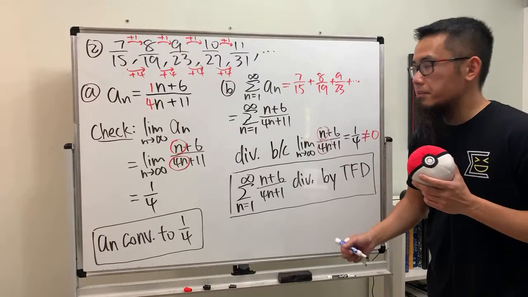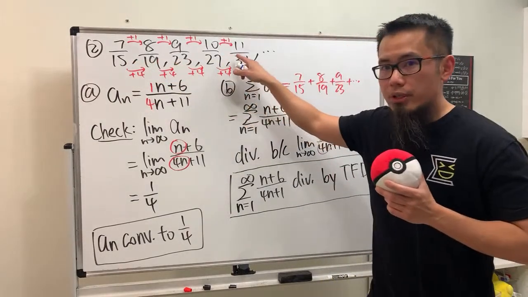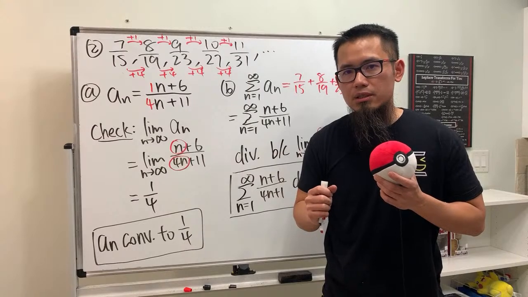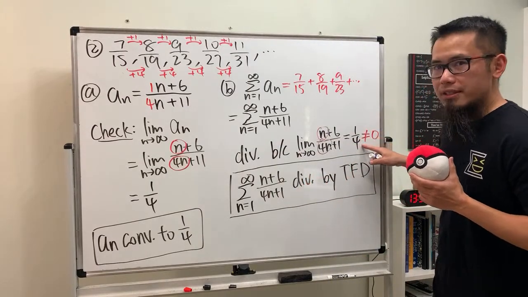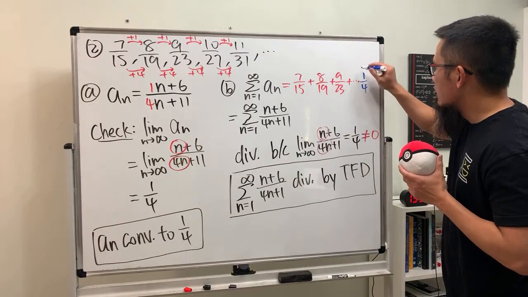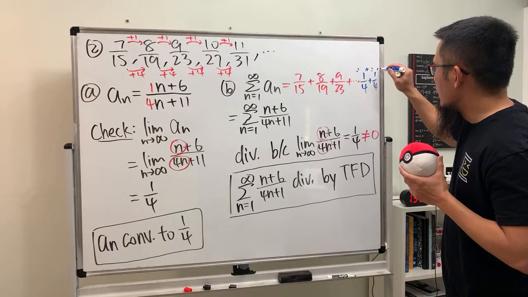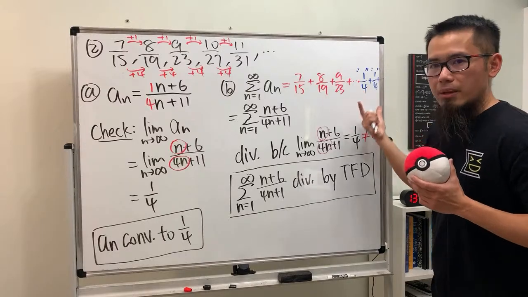Here's the idea. Remember, this right here means that we are looking at all these numbers, and then we are going to add them up, and we have infinitely many terms. Well, the limit being 1 over 4 is telling you that eventually we are going to add 1 over 4, 1 over 4, and so on, so on, so on, infinitely many of them.